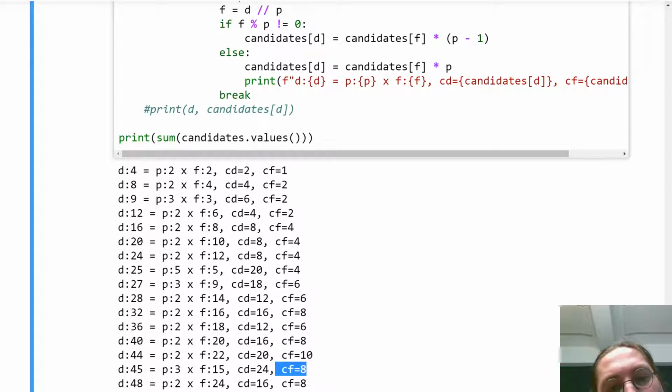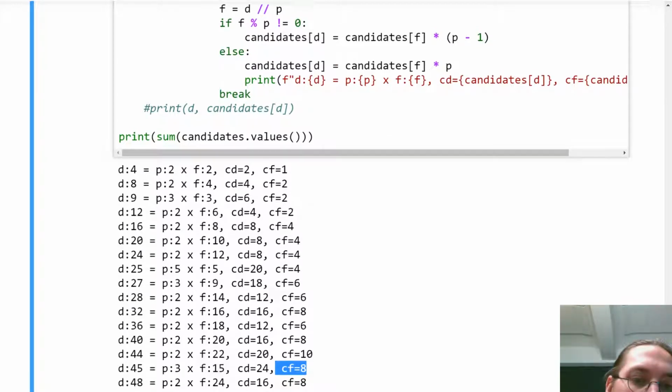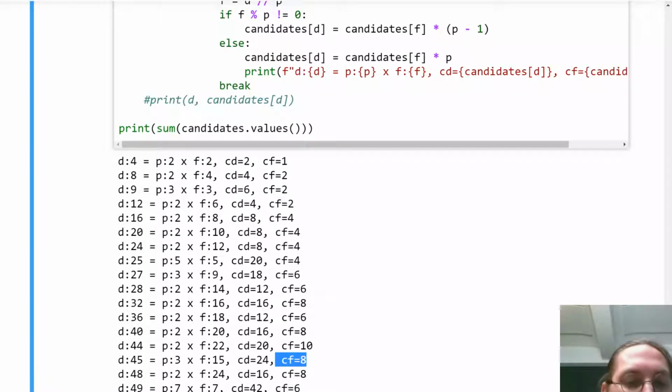It's not introducing any reducing factor extra, so you have the full 3 times all the candidates of 15. So this is the case where you have the full candidates again. These are all the prime times the previous one. That makes a lot of sense. Yeah, that was the easy case.